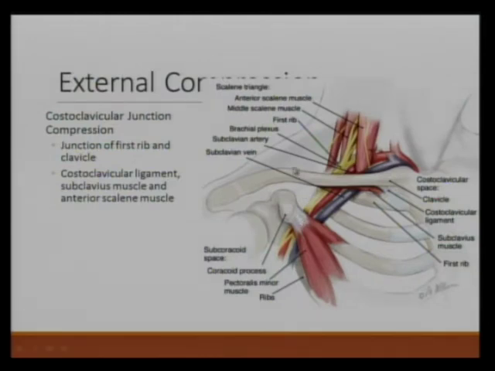Also regarding external compression, you can have it in the subclavian. Essentially here in the costoclavicular junction, you have the subclavius muscle, the costoclavicular ligament, and then you have the anterior scalene muscle.